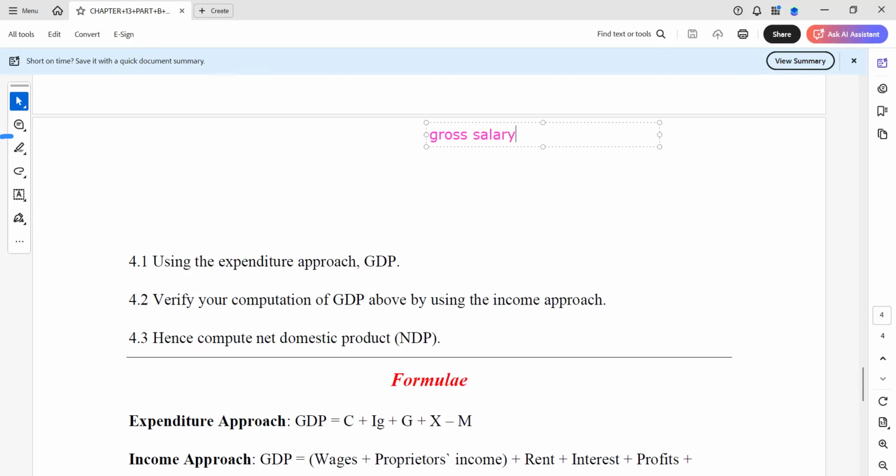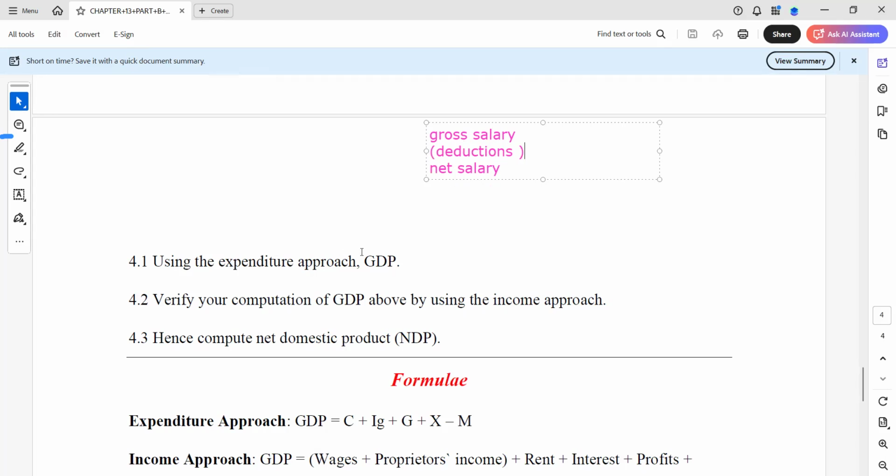Then they have deductions, all your deductions, UIF and so on, and then you're going to have the net salary. Let me just put the deductions in brackets. So from gross, something is subtracted to get the net.